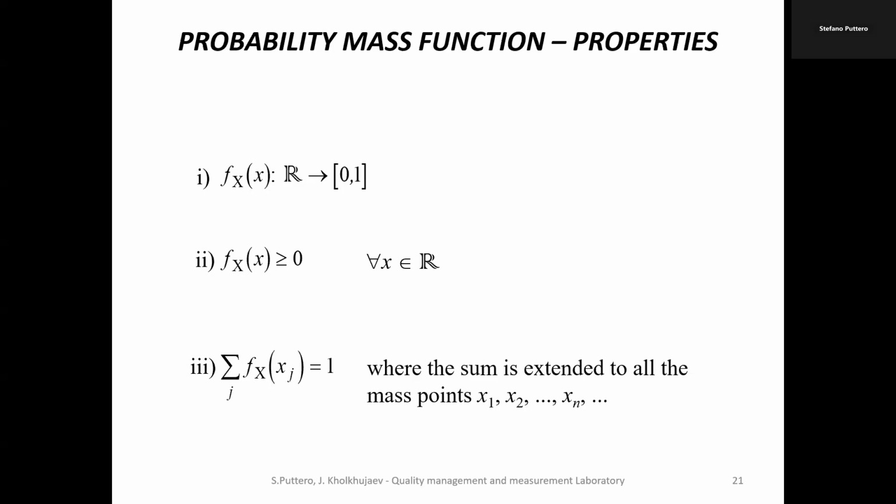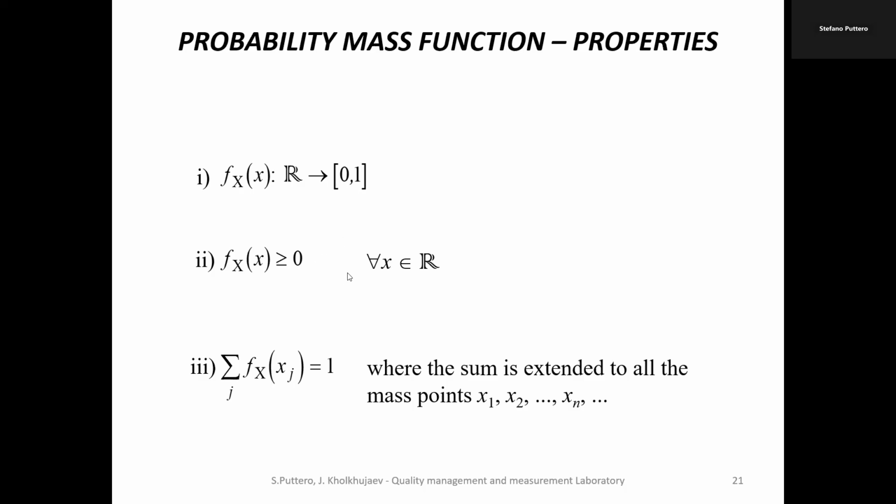Just a brief recap: in this last slide we saw that the probability mass function has the set of real numbers R as a domain and the interval [0, 1] as codomain, since it defines a probability that, as you know, is always between 0 and 1.